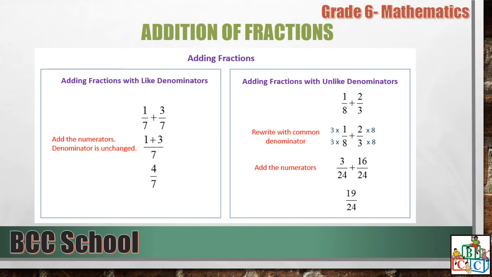Let us take the second example, adding fractions with unlike denominators. 1 over 8 plus 2 over 3. As the denominator is different for both numbers, we will have to change the denominator in such a way that both denominators are the same.